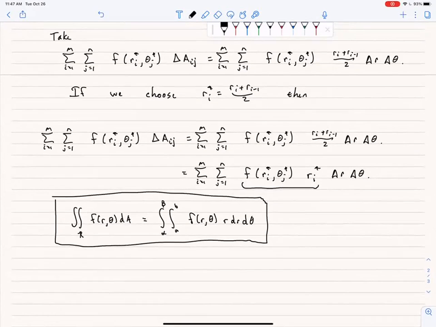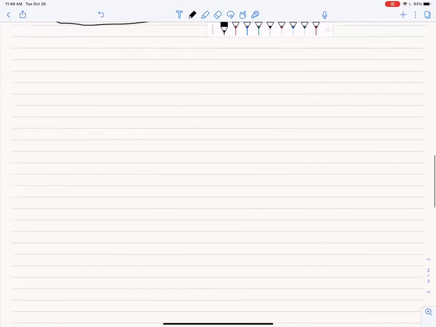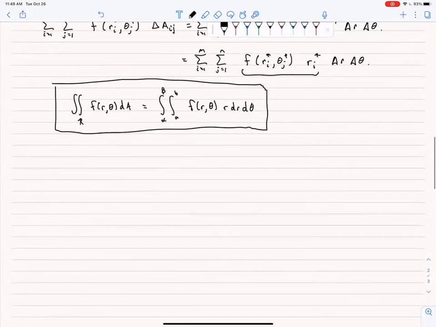Okay. Let's do some problems. Enough theory. All right, so let's find the volume of a ball of radius r.